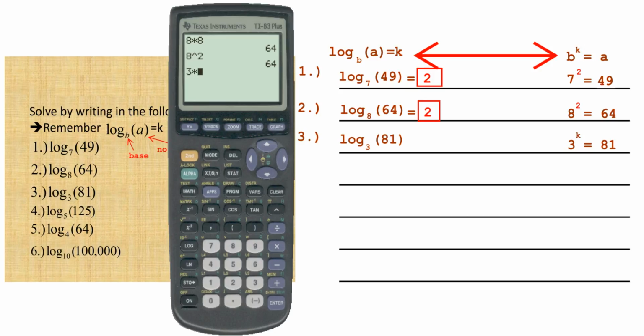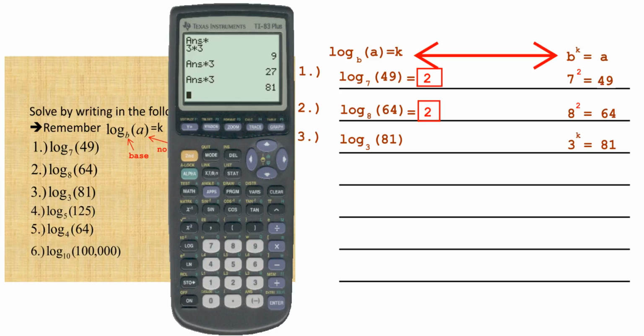3 times 3 gives us 9, times 3 gives us 27, times 3 gives us 81.